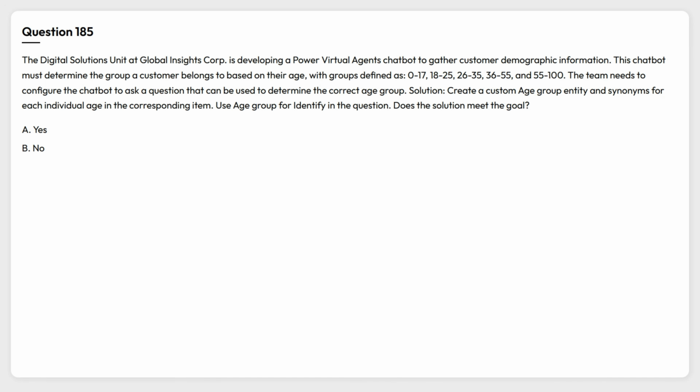The team needs to configure the chatbot to ask a question that can be used to determine the correct age group. Solution: create a custom age group entity and synonyms for each individual age in the corresponding item. Use age group for identify in the question. Does the solution meet the goal? Option A, yes. Option B, no. The correct answer is option A, yes.